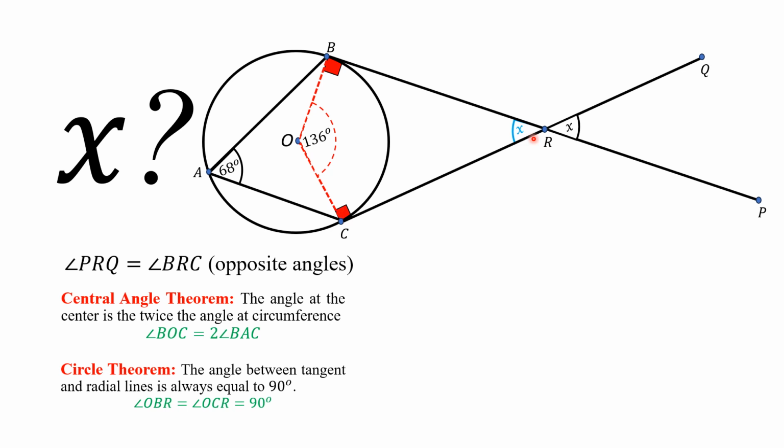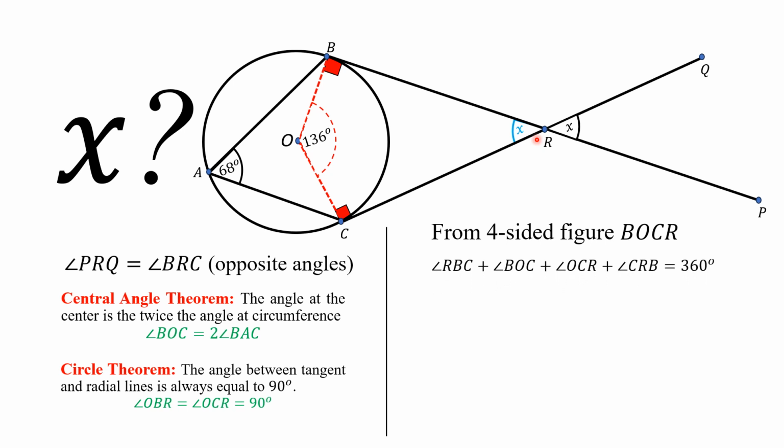Now our figure is complete, and we can calculate this angle X. From this four-sided figure BOCR, we can write angle B plus angle O plus angle C plus angle at R, and these are all equal to 360 degrees, because we know that the sum of interior angles of any four-sided figure is 360 degrees.